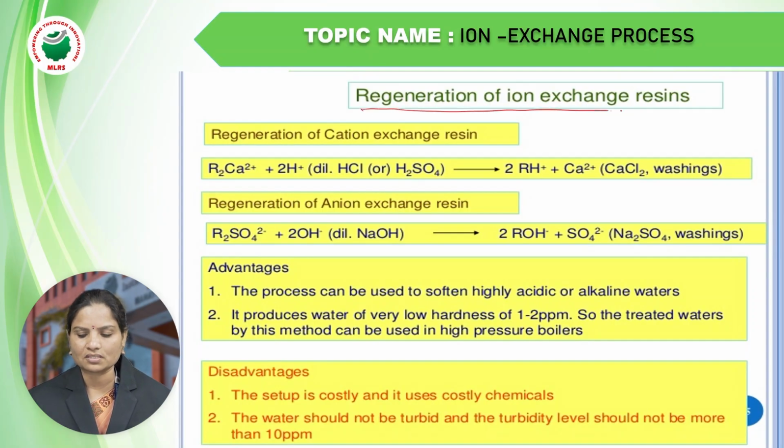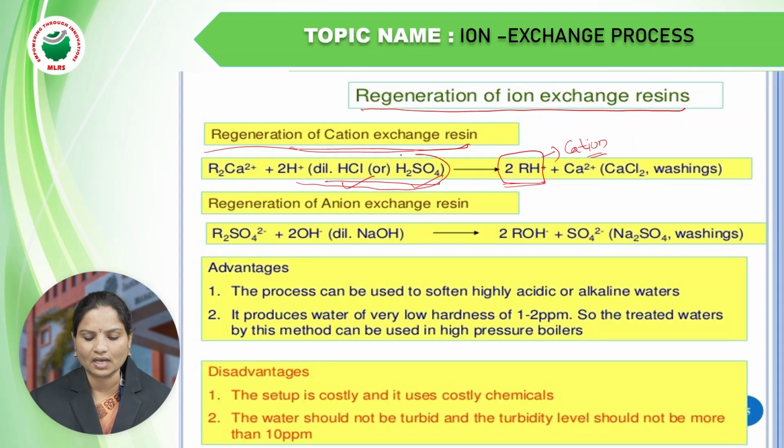And here we observe the regeneration of the ion exchange resins. We regenerate the resins because they are very costly, so we reuse them. Regeneration of the cation exchange resin: it is regenerated by the addition of acids like dilute HCl or H2SO4 to produce RH plus again. RH plus is nothing but the cation exchange resin.